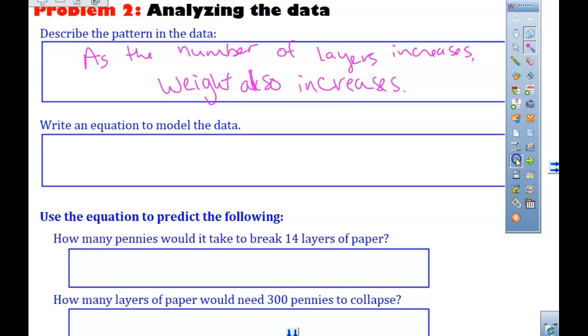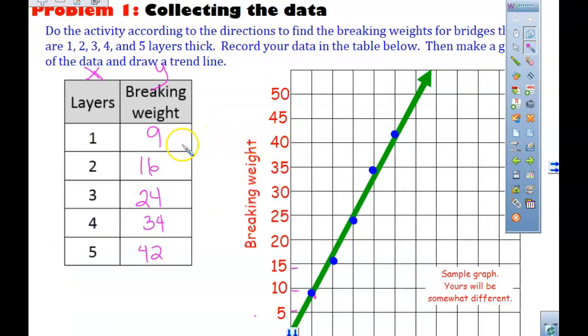So now look at your table, and how do we think it's changing? From 9 to 16, 16 to 24. So 9 to 16, I'm adding about how much? 7. 16 to 24, I'm going to be adding a little more, right?